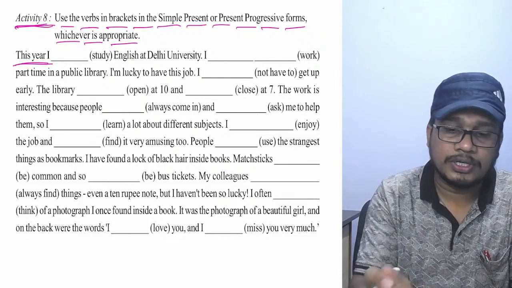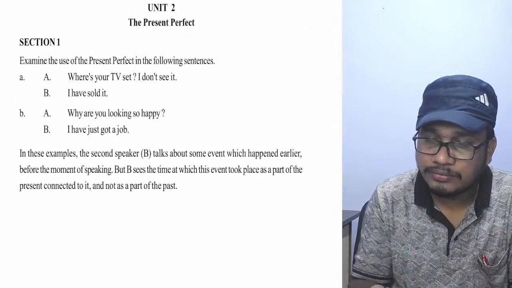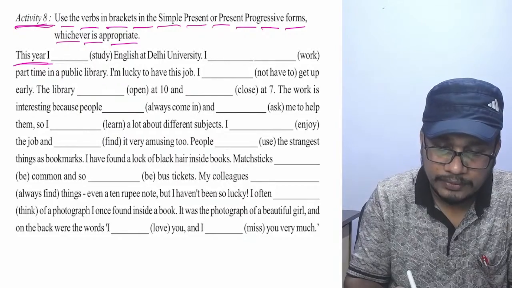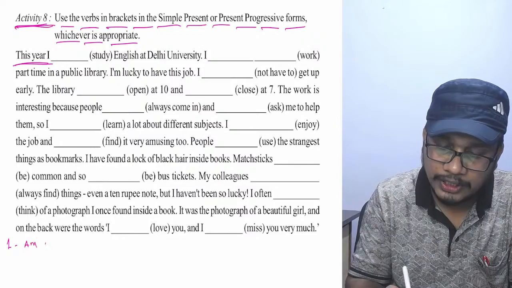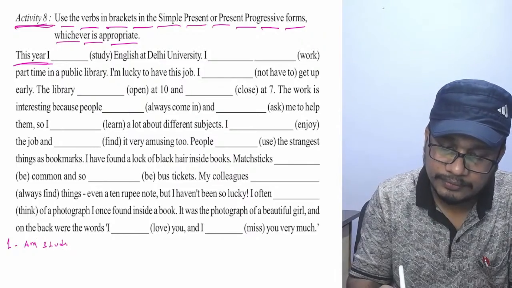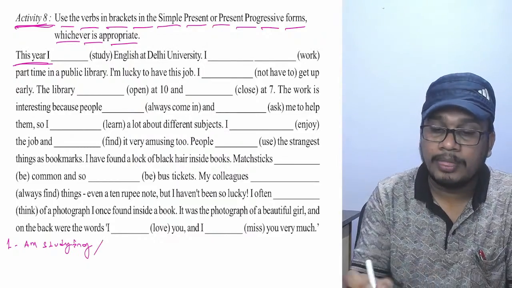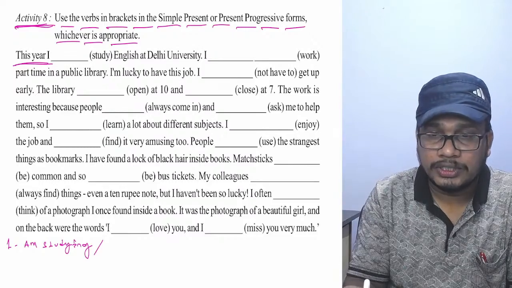I am continuing my study, so we use the present progressive: I am studying. This year I am studying English at Delhi University.